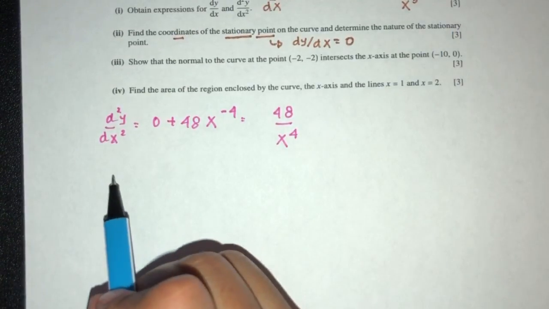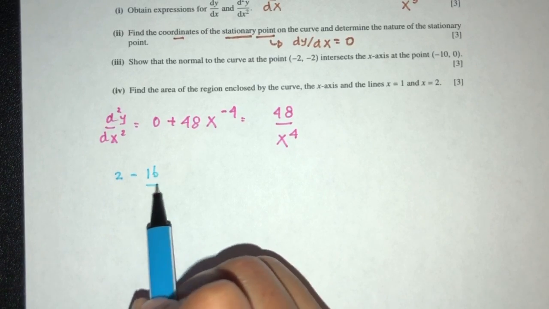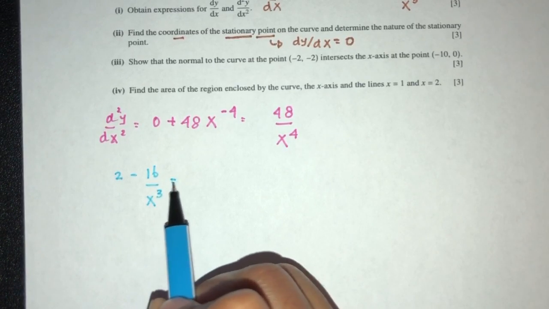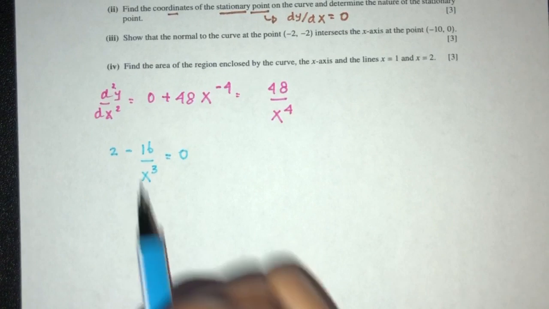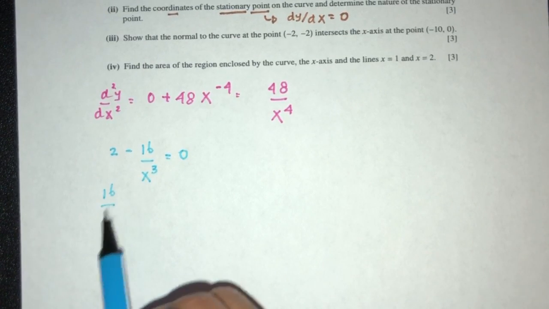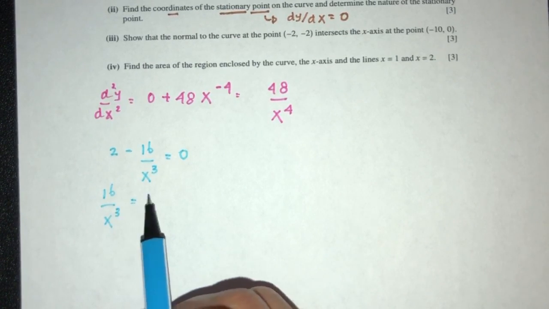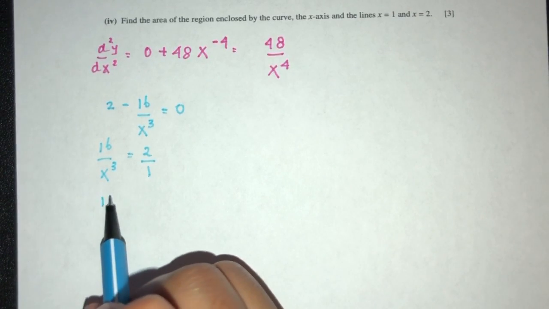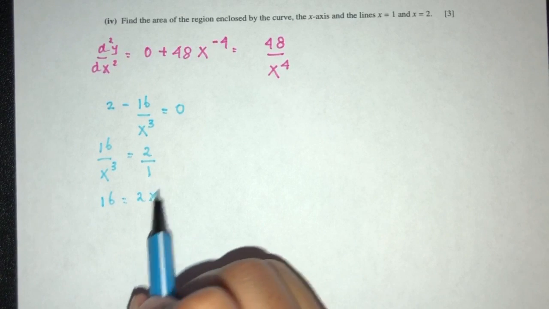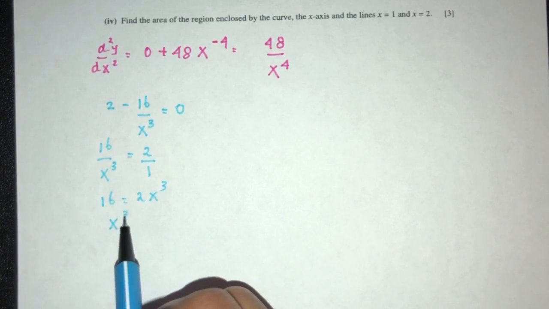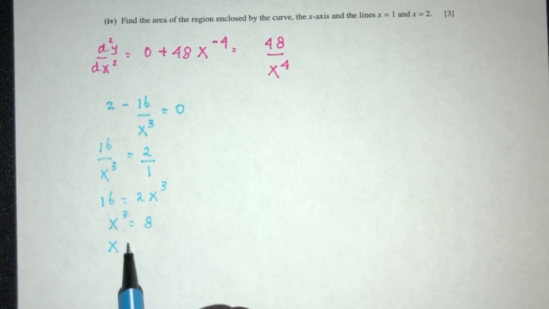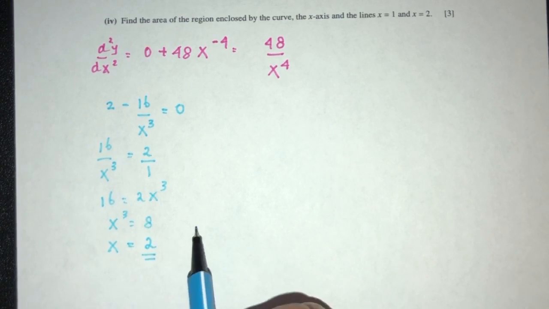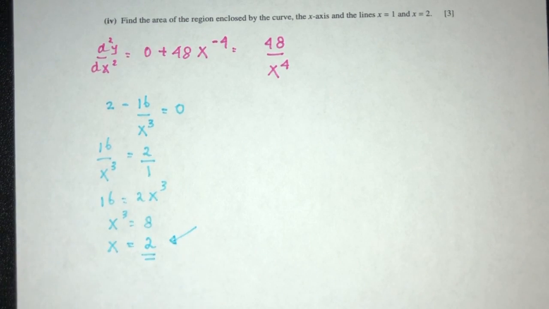We have here 2 minus 16 over x cubed is equal to 0. I can send this over here. That will be 16 over x cubed will be the value of 2. Now we can just cross multiply. You will have 16 equal to 2x power 3. X power 3 will be 8. So x will be the value of 2.